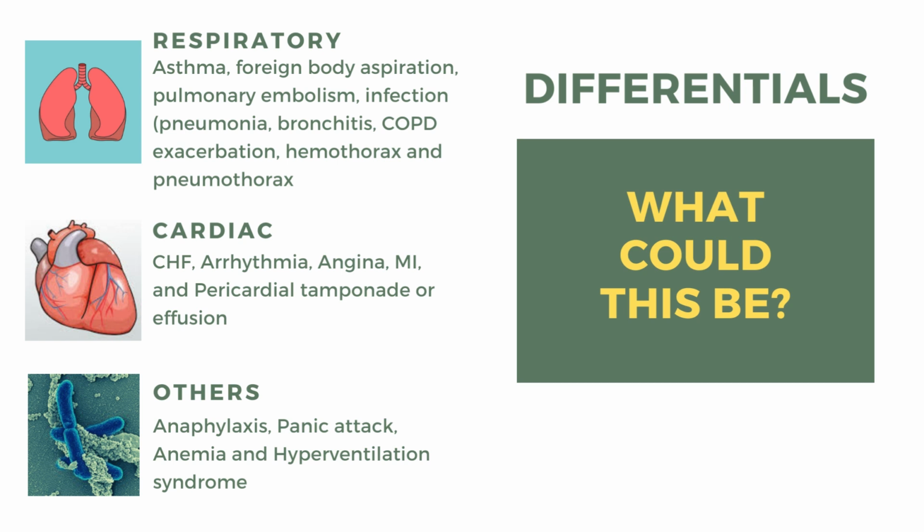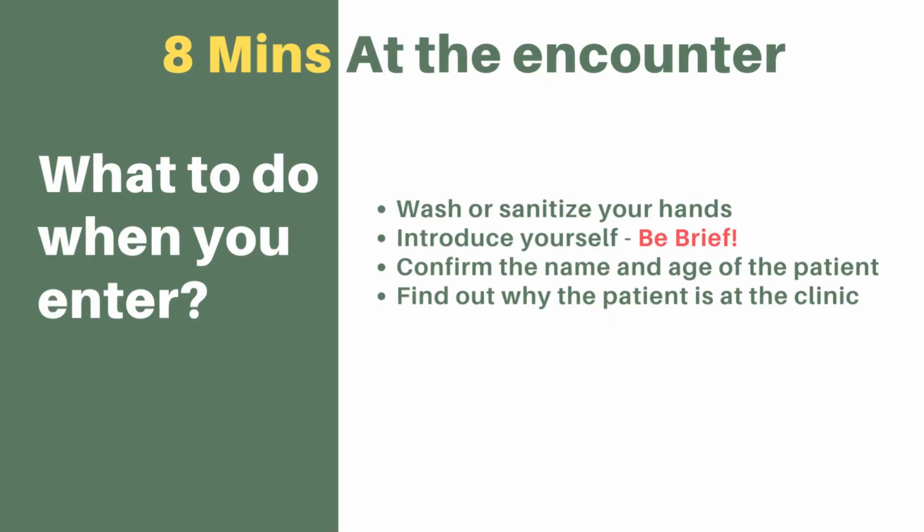Congestive heart failure, arrhythmia, angina, myocardial infarction, and pericardial tamponade or effusion could also be causes. And anaphylaxis, panic attack, anemia, and hyperventilation syndrome are other systemic causes that could cause difficulty breathing or dyspnea.